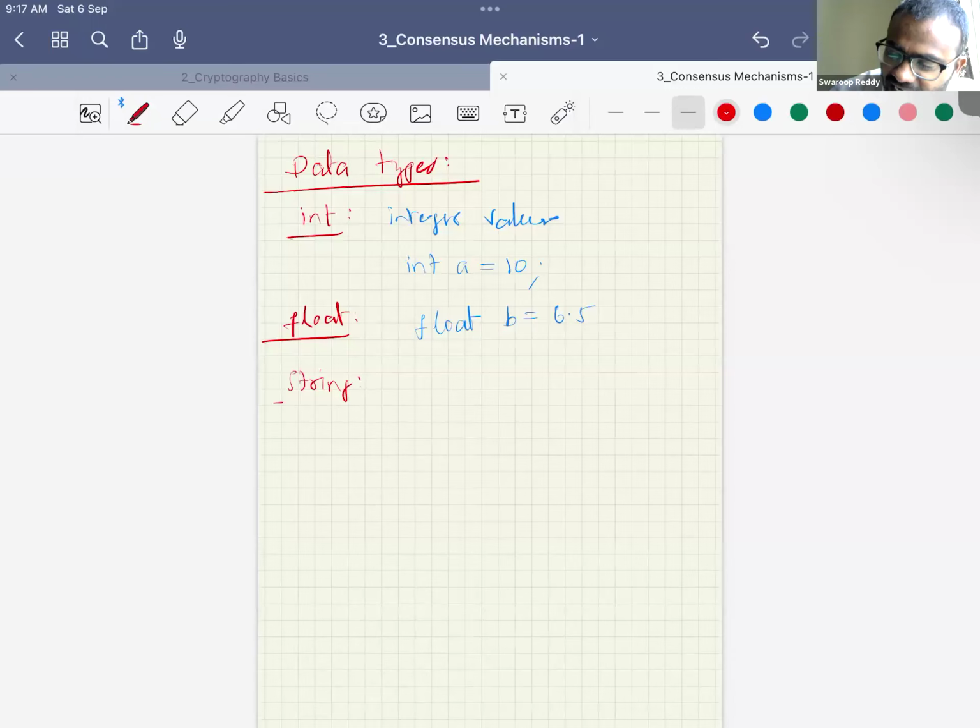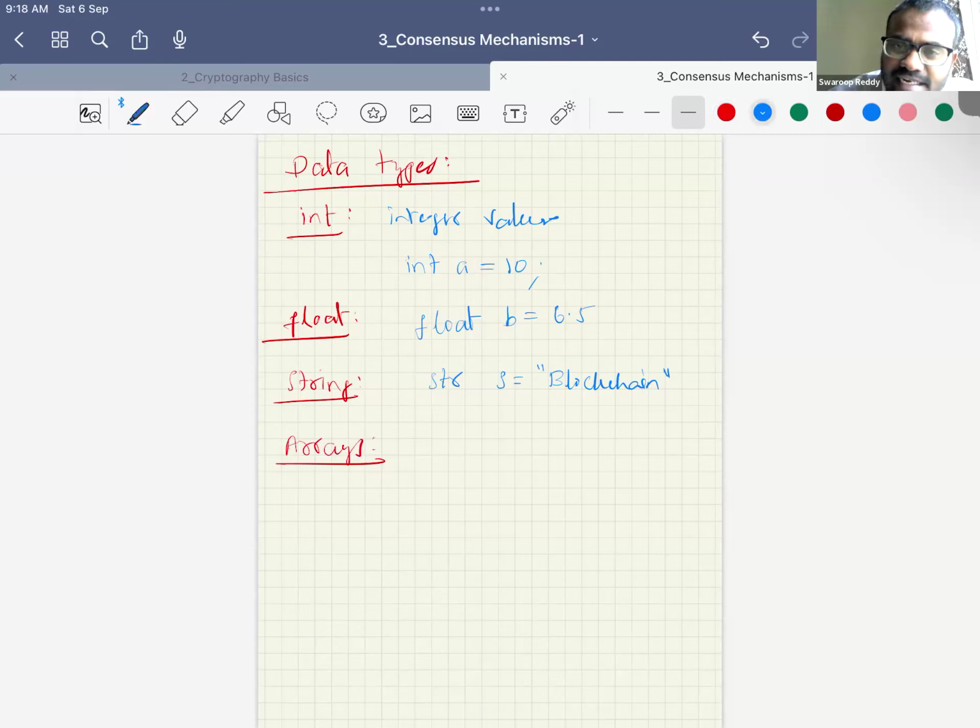A character can store a single value, but a string variable in any language can store a complete string, for example s = "blockchain". So these are the kinds of data types we have, and also other types like arrays.